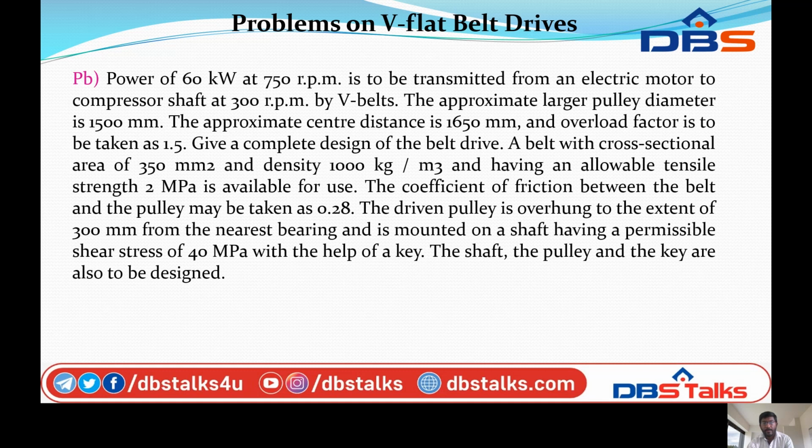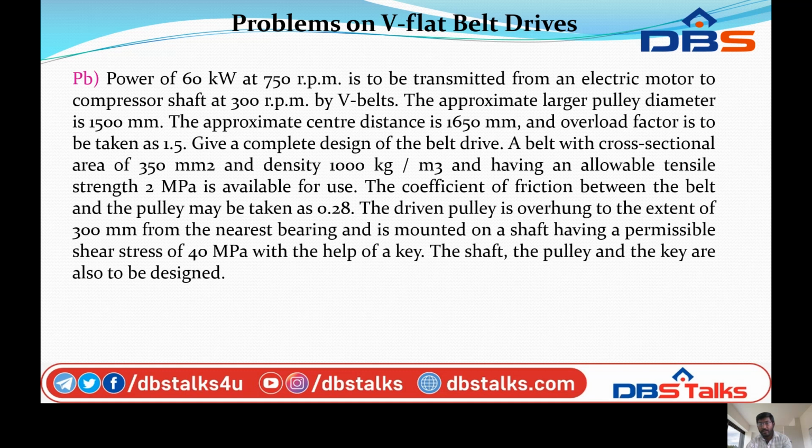So next, another problem. The power of 60 kilowatts at 750 rpm is to be transmitted from an electric motor to a compressor shaft at 300 rpm. So the power and N1, N2 are given, by V belt.